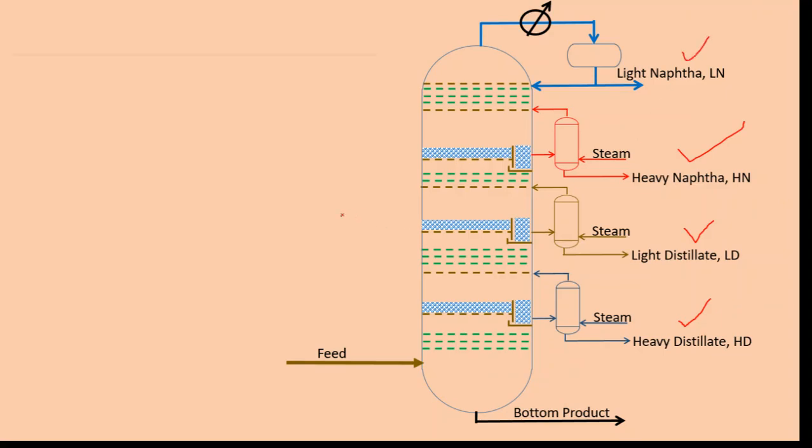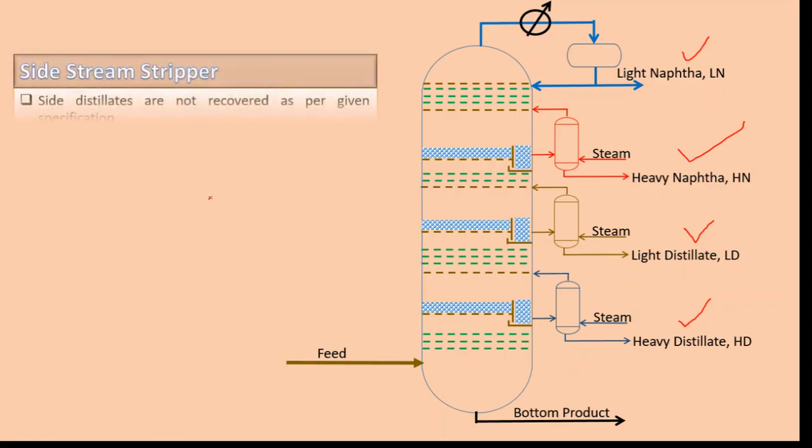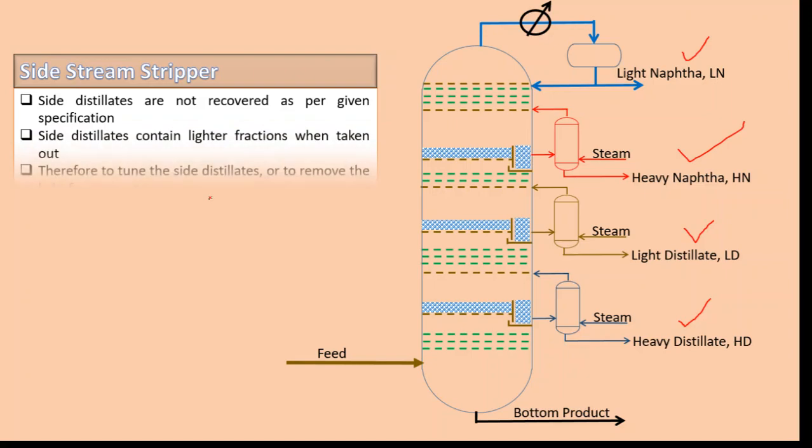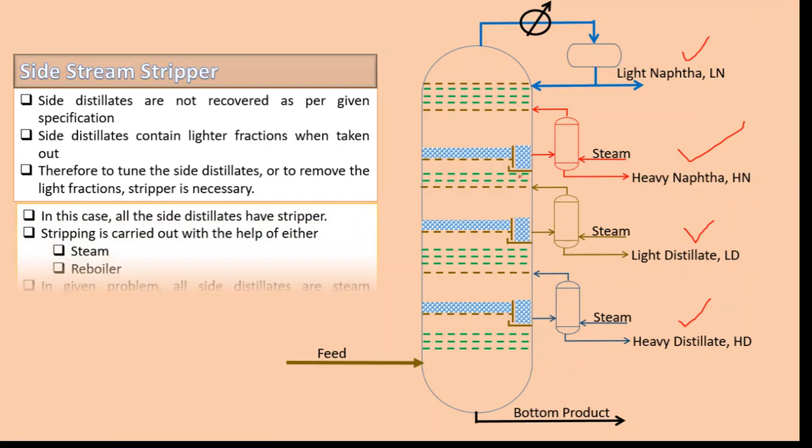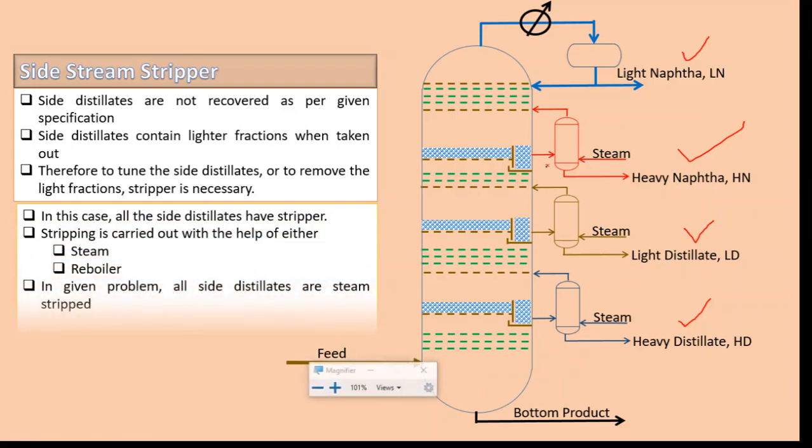Especially for the side products, we cannot obtain the side products of the given specification from the distillation column. Normally there are always lighter fractions available with the products.